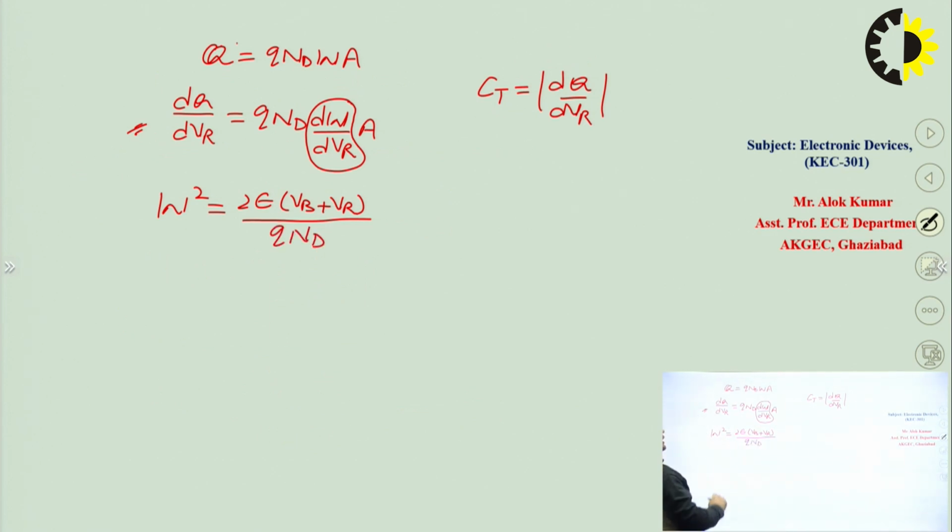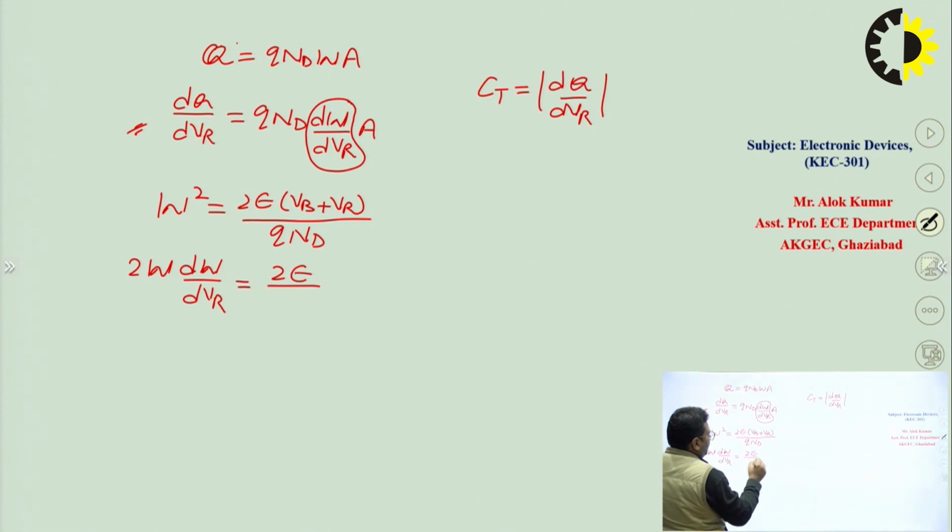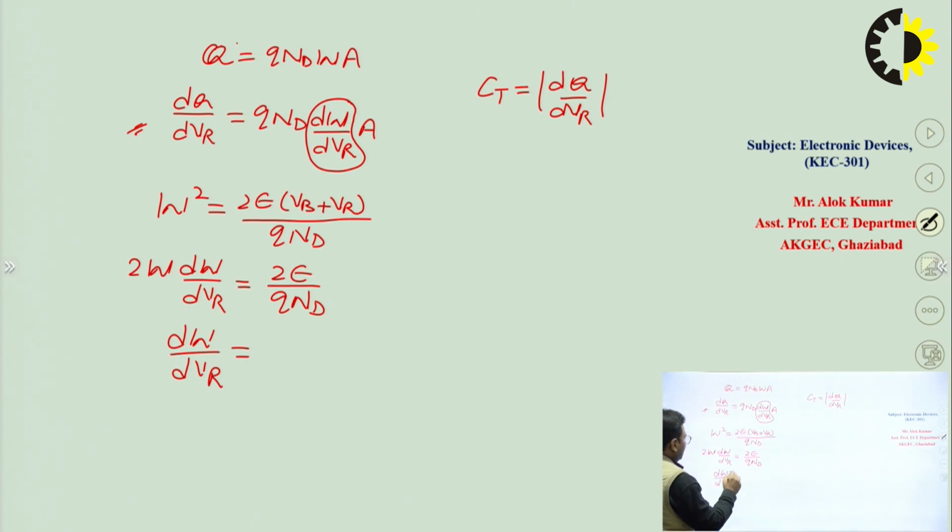If I differentiate this with respect to VR, what will I get? 2W into dW by dVR is equal to 2 epsilon upon Q ND. To find dW by dVR, we can rearrange the terms and it will be 2 epsilon upon Q ND into 2W.